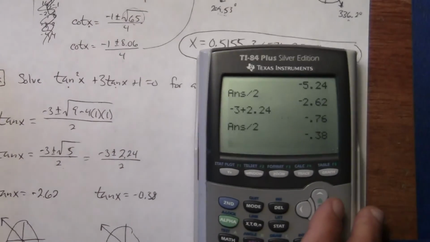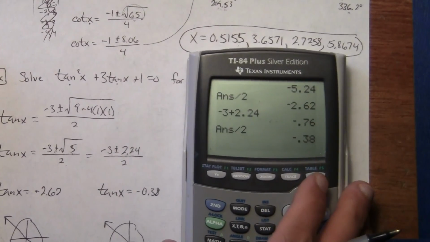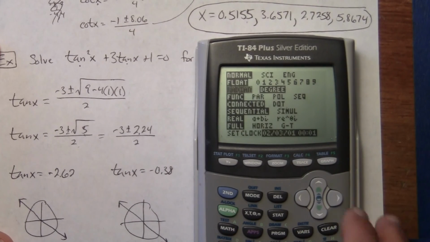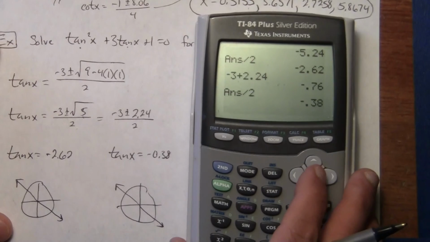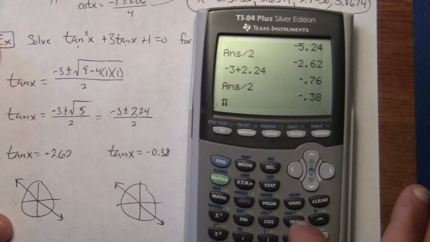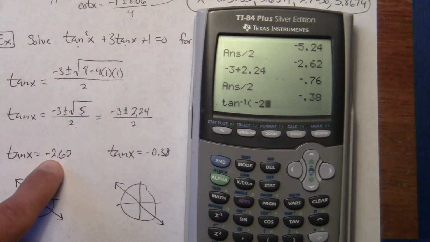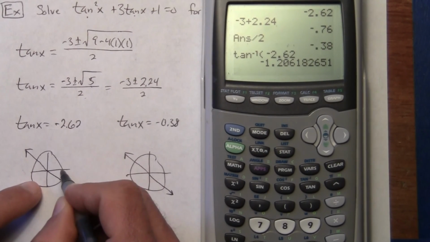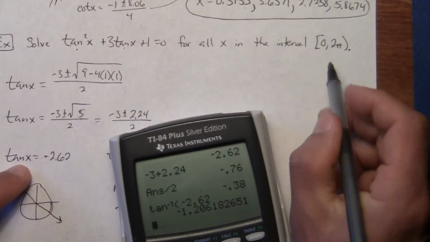That's fine. And then same thing, if you can understand how to think in radians, I think that's a good idea. So I'm going to switch my calculator to radians. I'm going to type in tangent inverse, so second tangent, negative 2.62. Hit enter. Now remember, that's giving me a negative answer right now. I don't want that because it's between 0 and 2 pi.